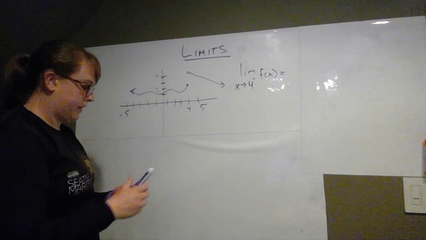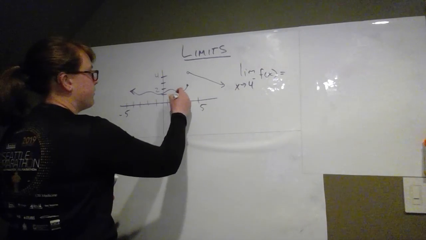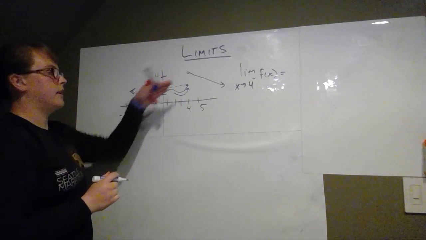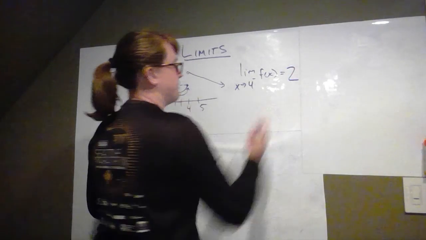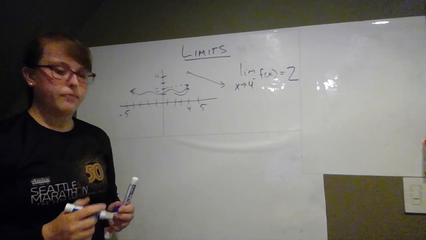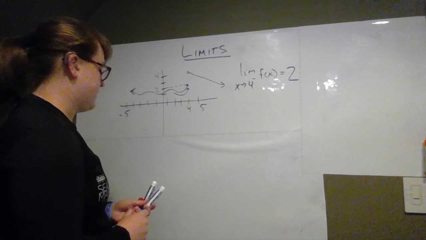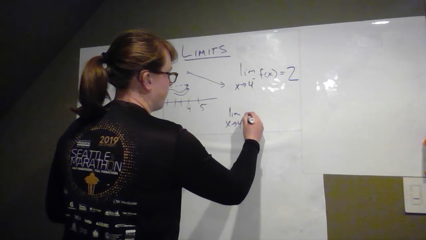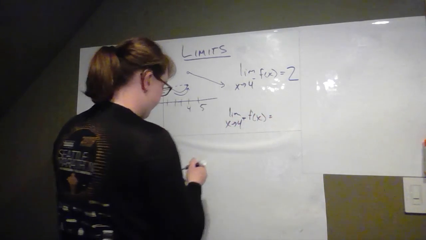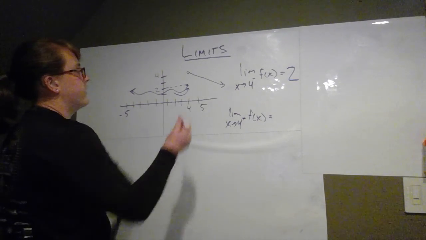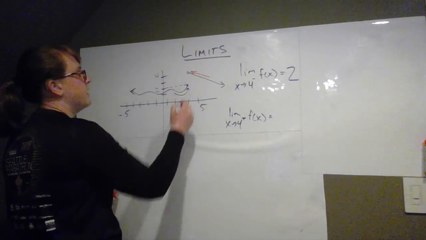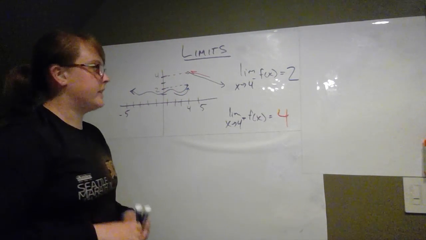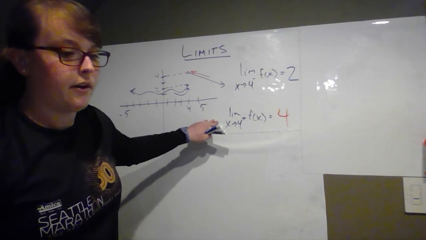I would look at what it's doing, approaching from the left. It's approaching 2 as it comes in from the left. So my left-hand limit would be 2. But then let's take a look at the right-hand limit: limit as x approaches 4 from the right. We look at it coming in from the right instead this time, and we see that it's approaching 4. So in this case, my left-hand limit is 2, my right-hand limit is 4.